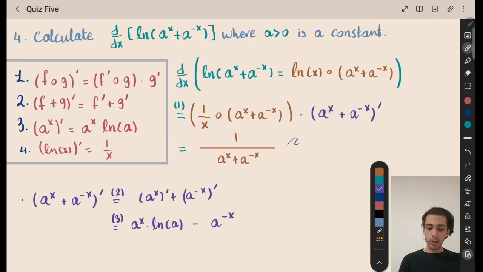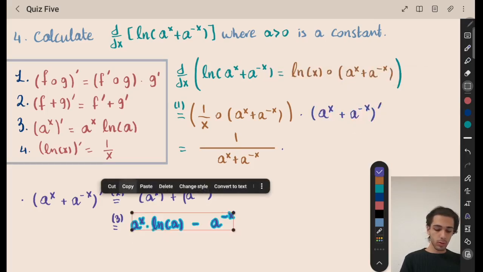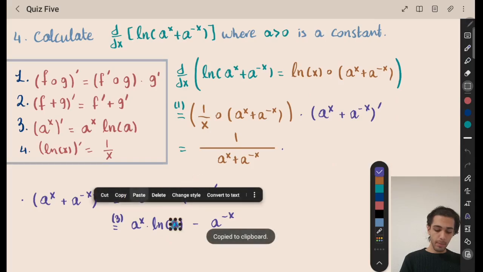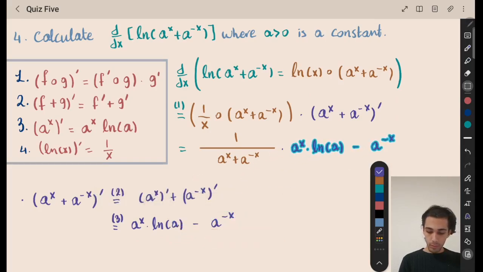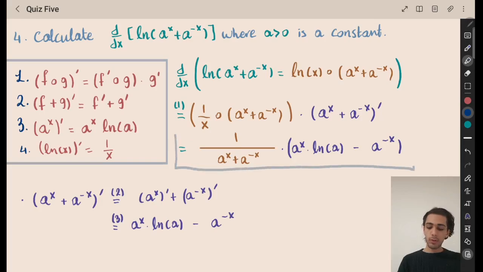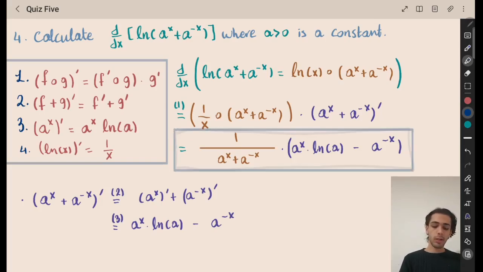And I multiply by the derivative, which is given as follows. Now I believe there's some simplification that could be done, but in my opinion I think this is good enough to be accepted as a solution.